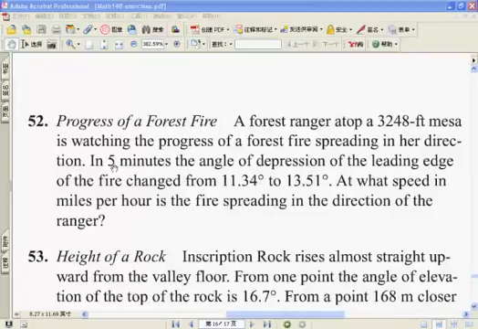Then, in 5 minutes, the angle of depression of the leading edge of the fire changes from 11.34 degrees to 13.51 degrees. Now, it asks, at what speed in miles per hour is the fire spreading in the direction of the ranger?